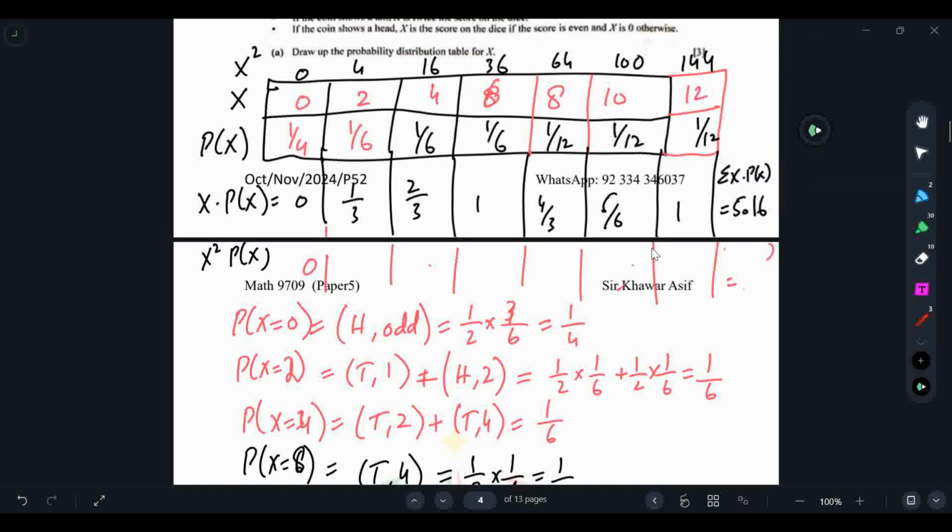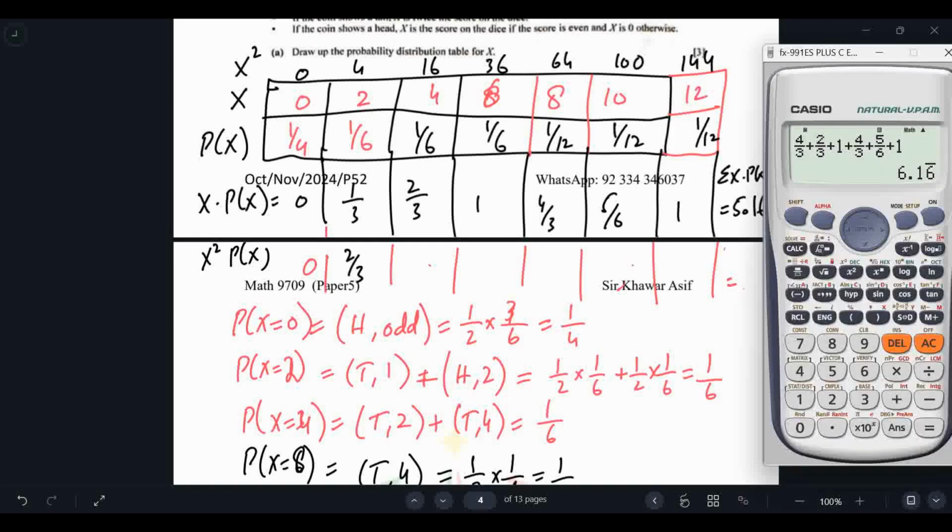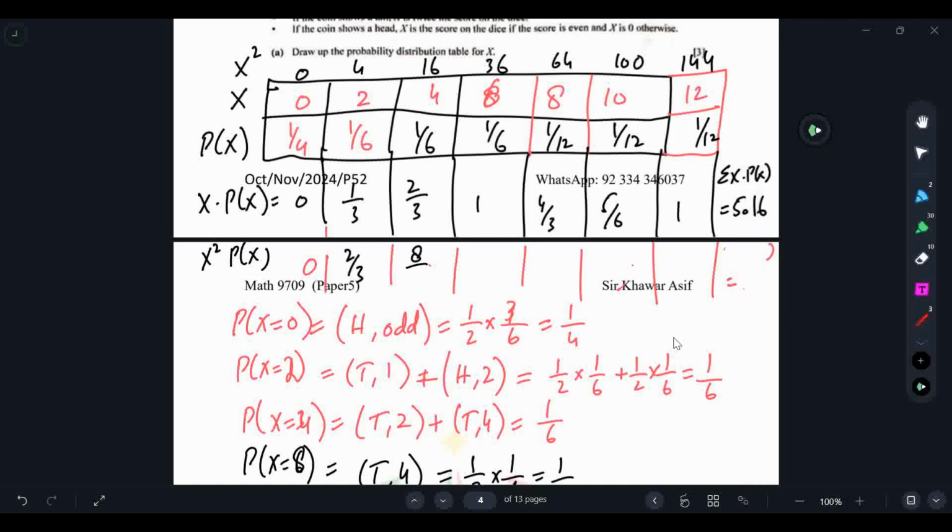So this will be 4 into 1 by 6, which is 2 by 3. Then 16 into 1 by 6, so this will be 8 by 3. Then 36 into 1 by 6, this will be 6.